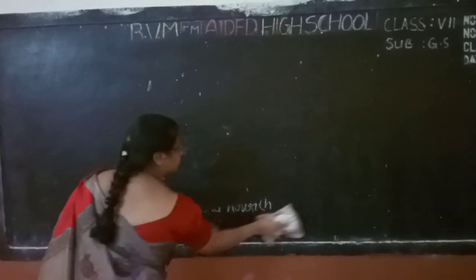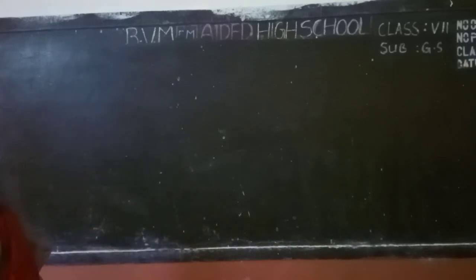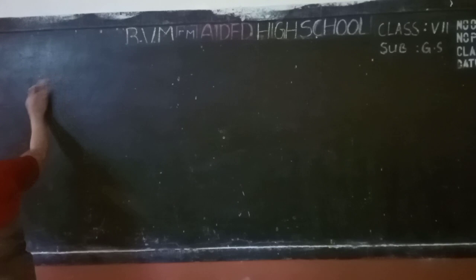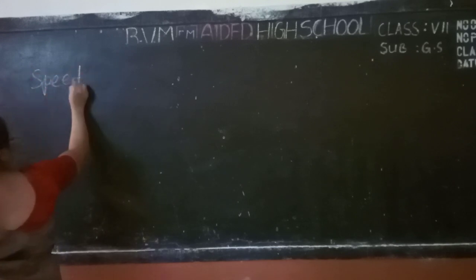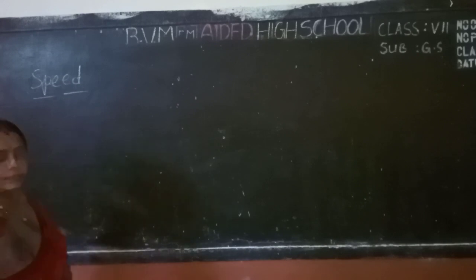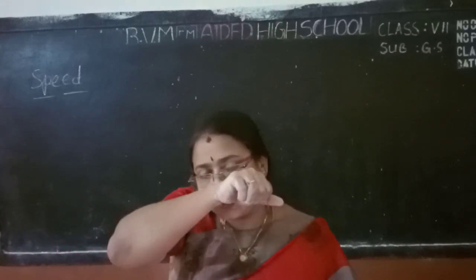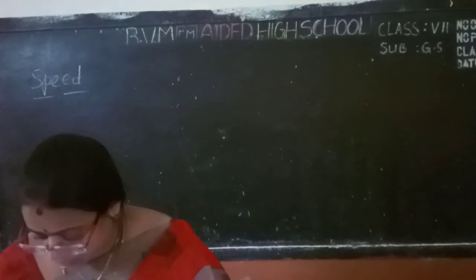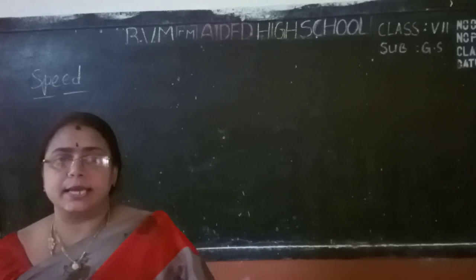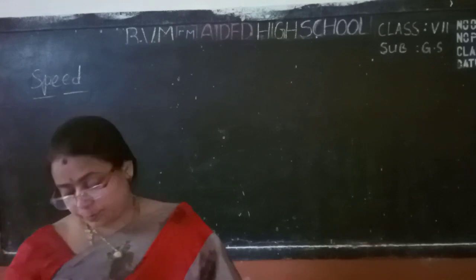Speed. Have you ever listened to the word speed? Many objects in the world around us are moving. To compare how fast they are, we need to know their speed.